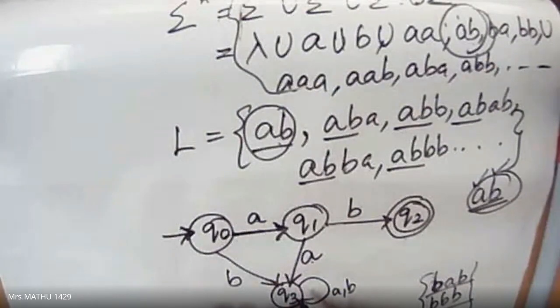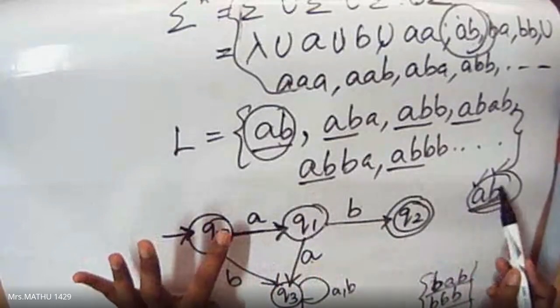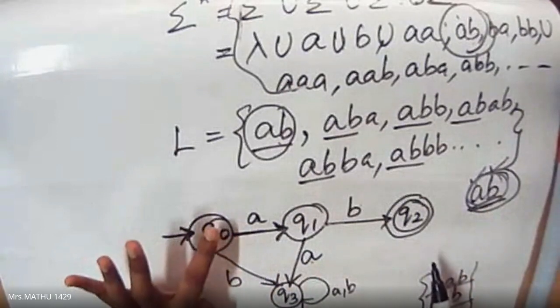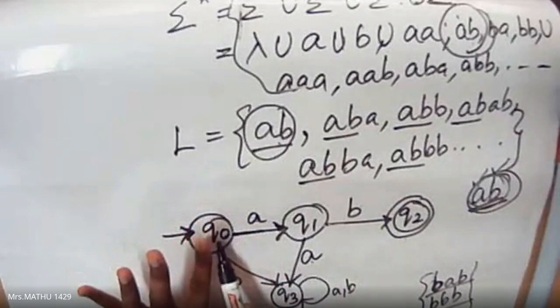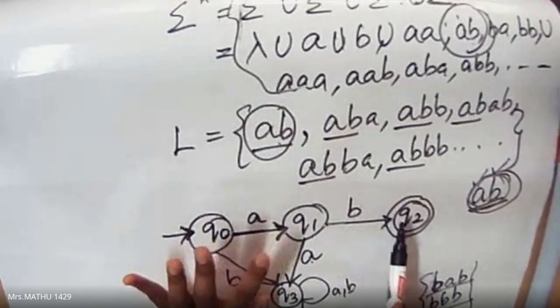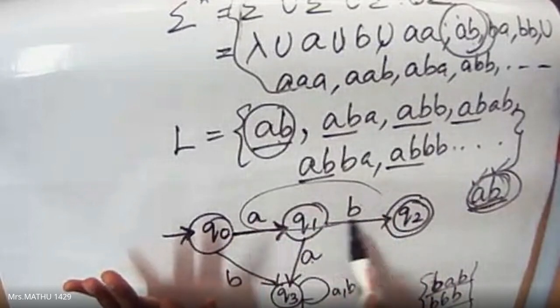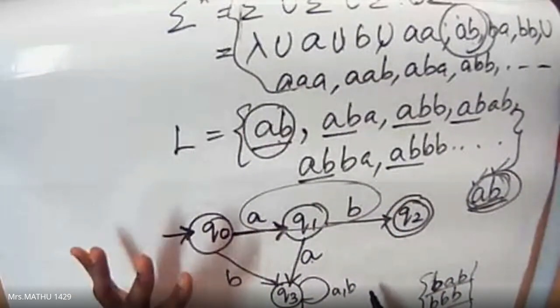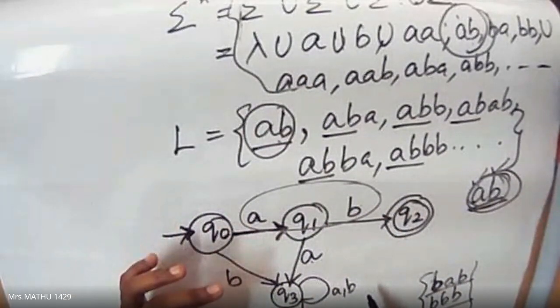Based on the condition given for the language, we are drawing the DFA. What is the condition given? AB should be the prefix. So starting from the initial state, I read A followed by B. Then the condition is satisfied, so we can safely go to the final state.